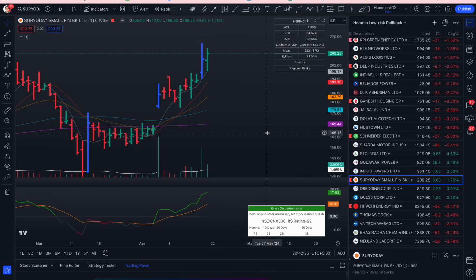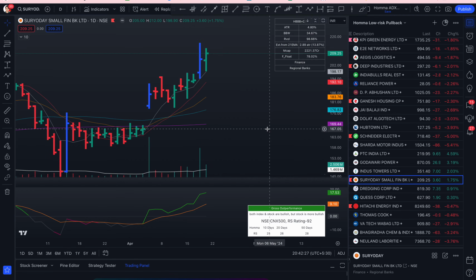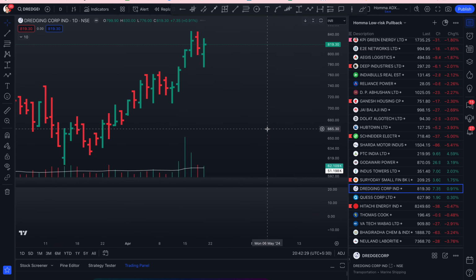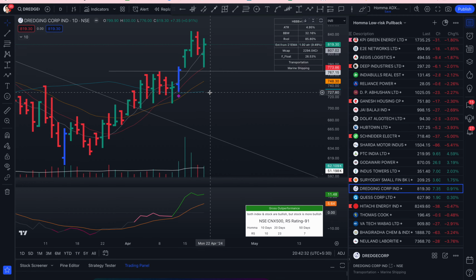Next is exactly not a wedging structure but a structure which you don't need. Dredging Corp, similarly, this was the entry.